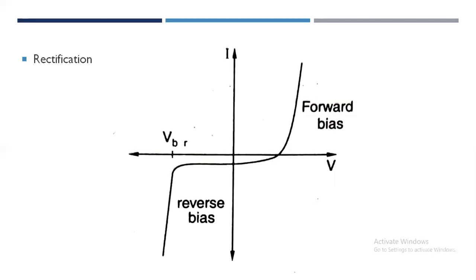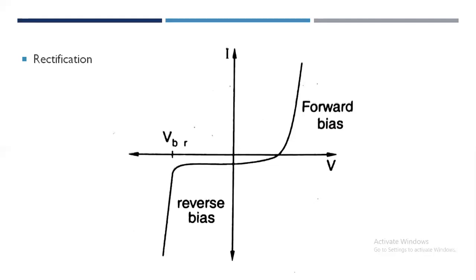This curve shows the current voltage curve, and it is the characteristics of the diode. And it is easy to see how rectification can be obtained by such a device. With the alternating current imposed across the device, the applied voltage varies sinusoidally from reverse to forward bias.